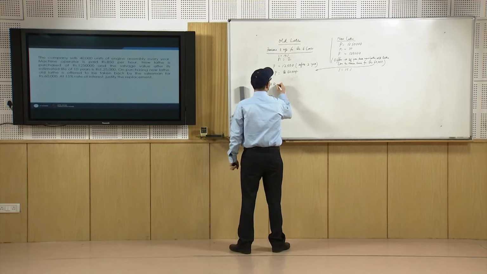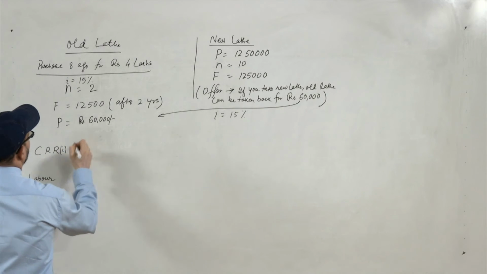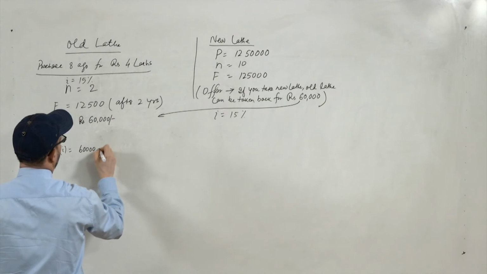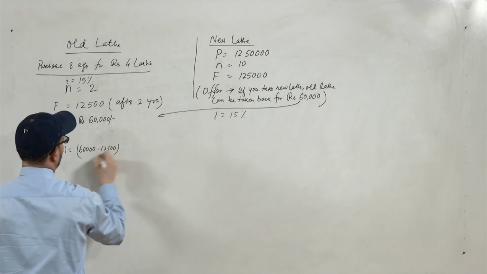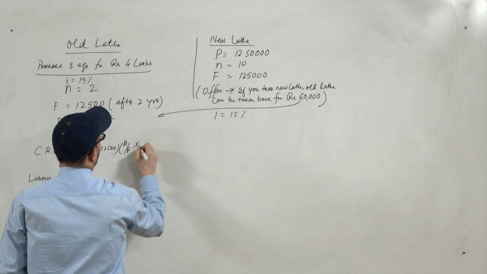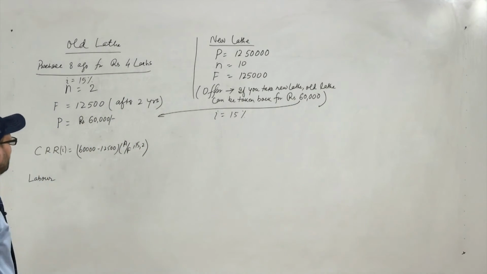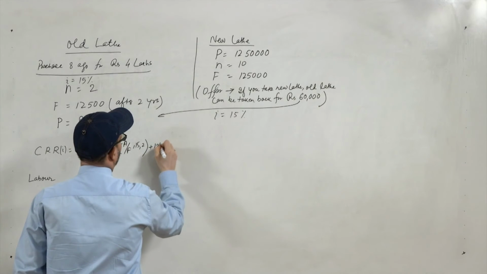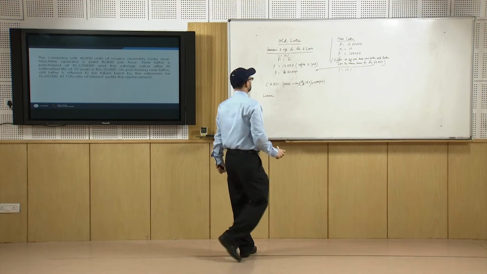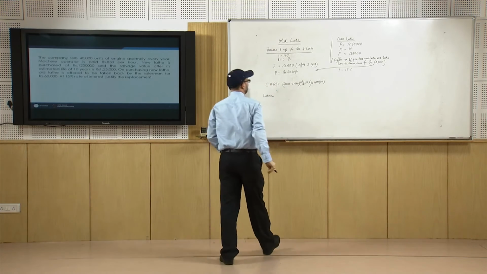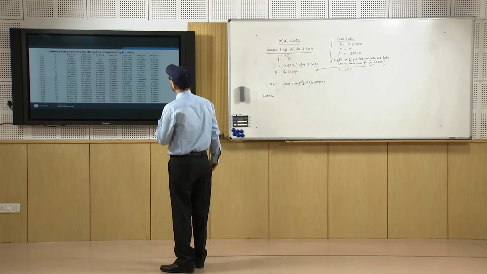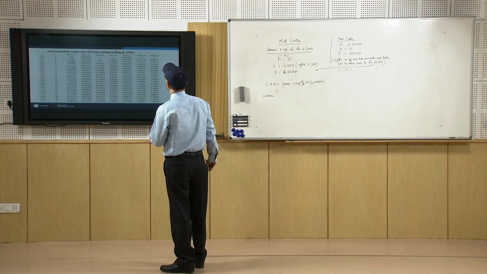As we know, the capital recovery with return part will be P minus F, so 60,000 minus 12,500, A by P, i, n. So, i is 15 and n is 2, plus 12,500 into 0.15. We have to refer to the table, A by P 15, 2, which is 0.465.